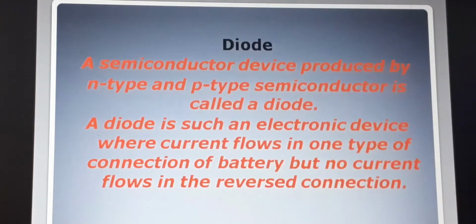So if the definition comes, you can give this definition. A diode is an electronic device where current flows in one type of connection of the battery but no current flows in the reverse connection. This is the keyword.